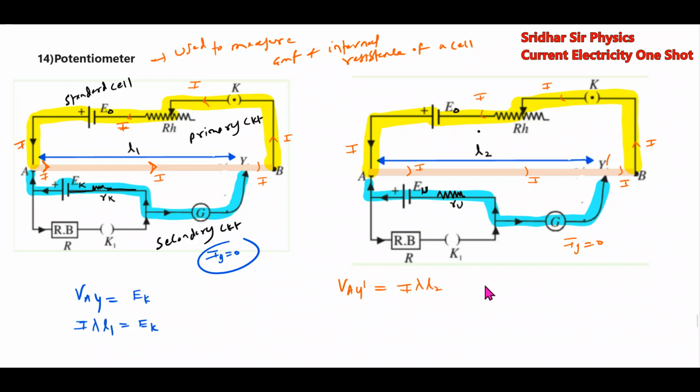This should be equal to the unknown EMF EU, because there is no current through the galvanometer. So I lambda L2 equals EU. So the ratio: EU equals EK times L2 by L1.